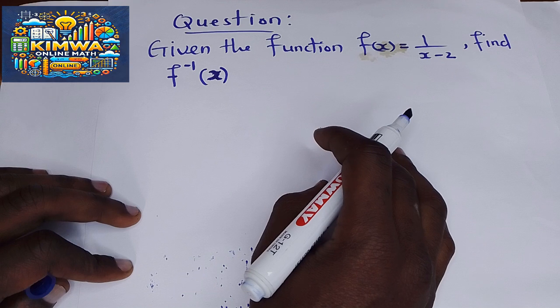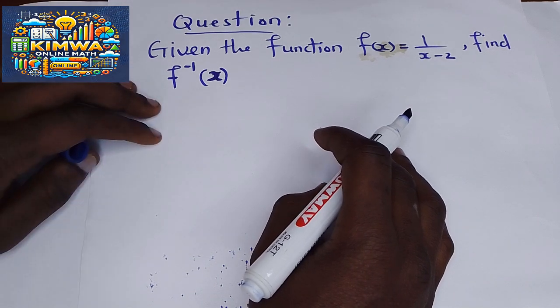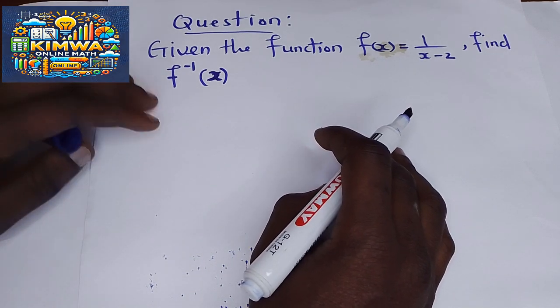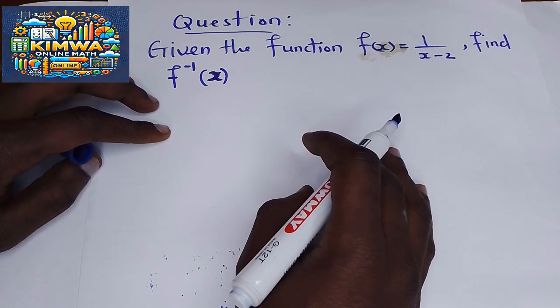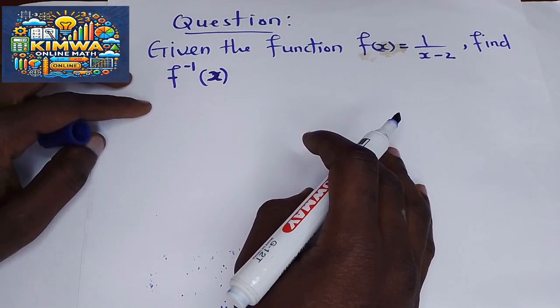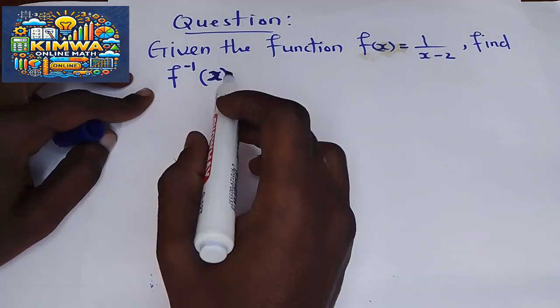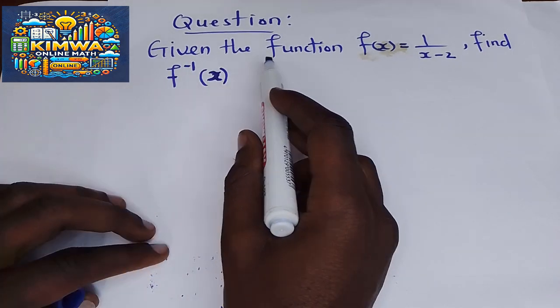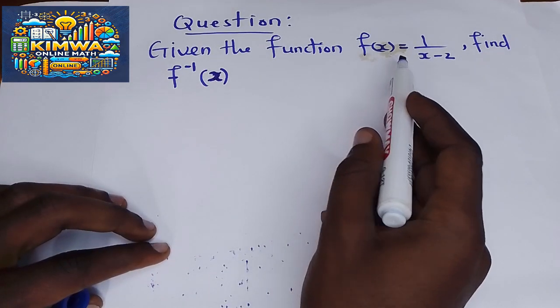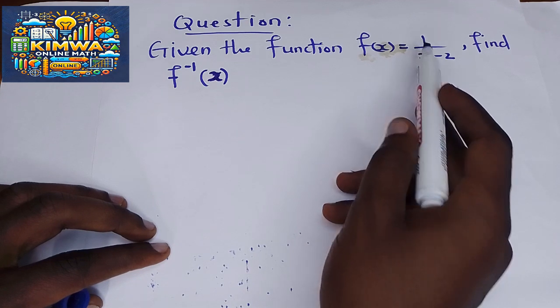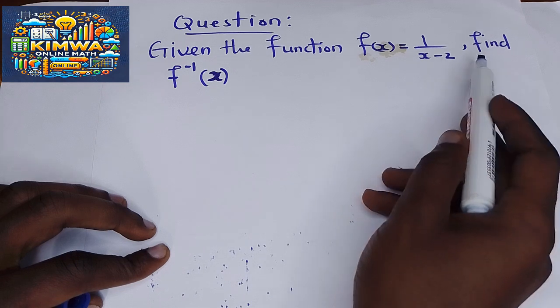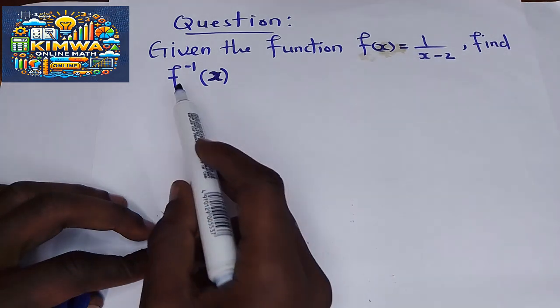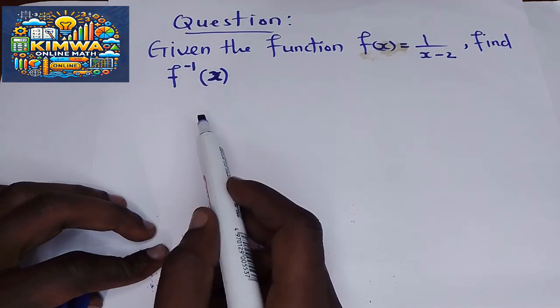Today we have been given this question and we are going to discuss it as follows. This is a function question. Given that the function f of x is equal to 1 divided by x minus 2, you are required to find f inverse of x.